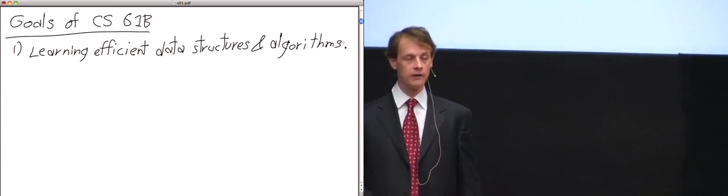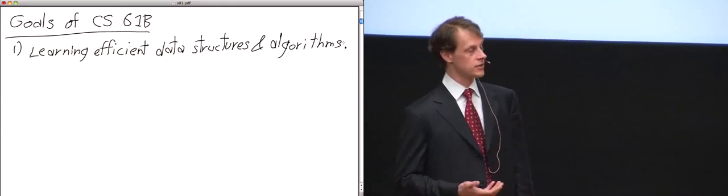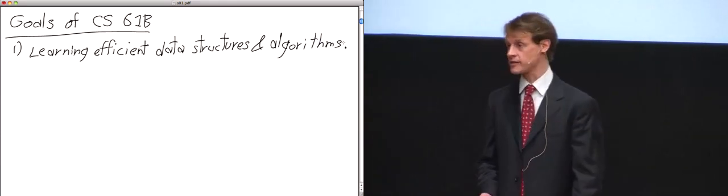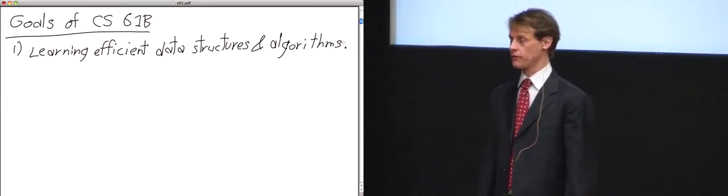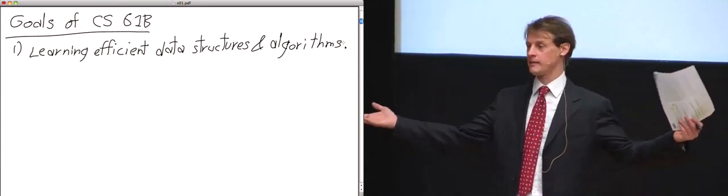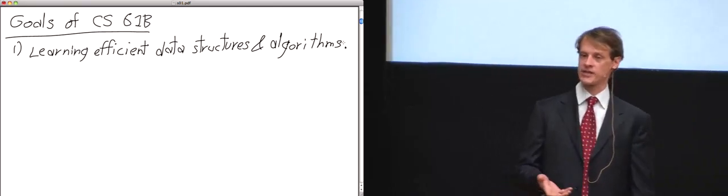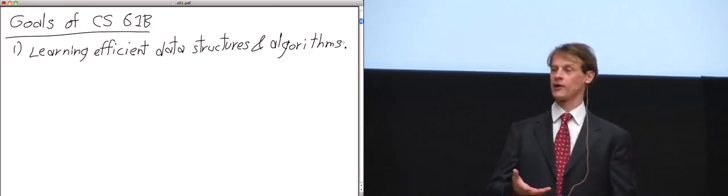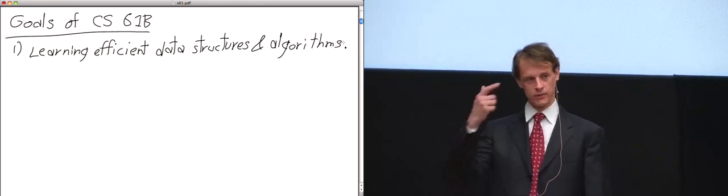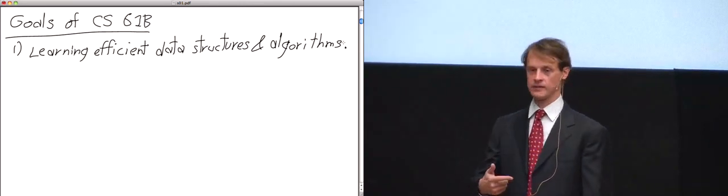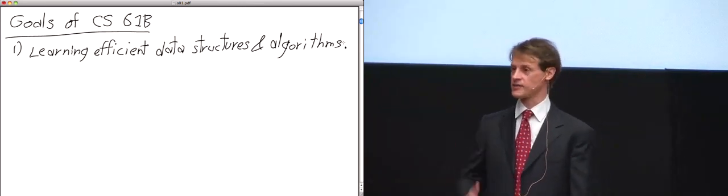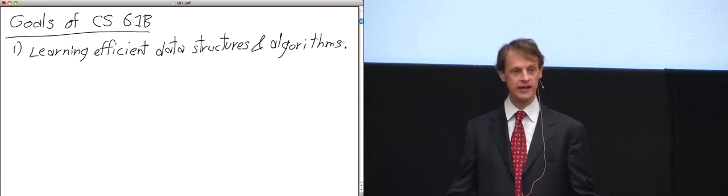Data structures are a way of formatting data in a computer so that you can ask questions and get answers fast. So, for instance, if I have a database of all 10 billion CDs that I own, and I want to know if there's a song in there called Wherever, do I have to go through all the records and search each one for the song title?